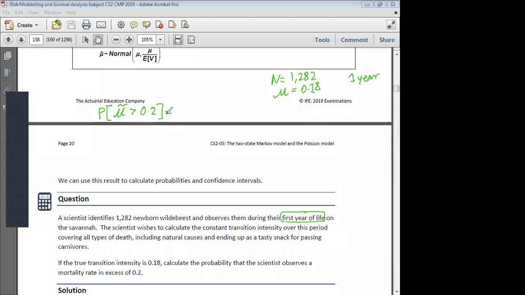Think of all the connections that we have of V and think of what V represents.